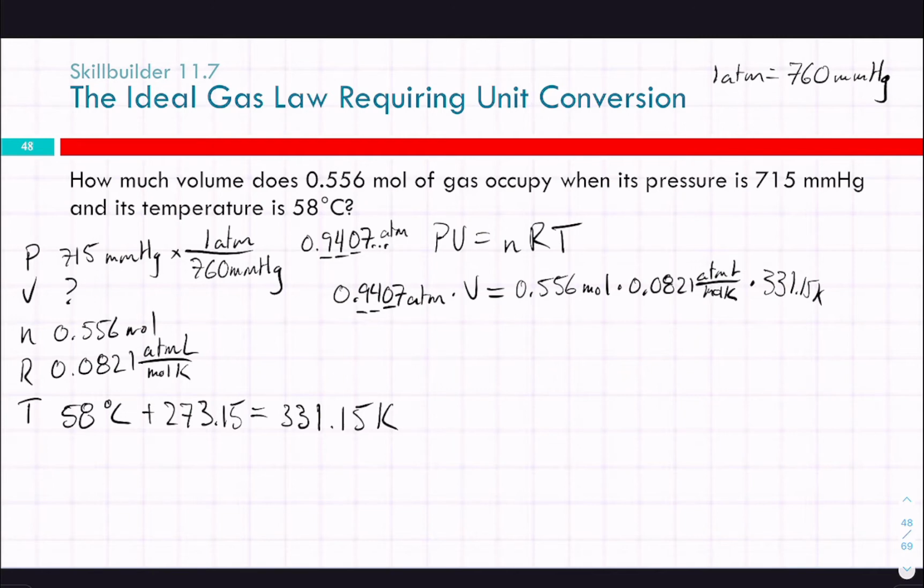All right, I'm going to multiply the right side again. 0.556 times 0.0821 times 331.15. So we're going to get 0.9407, again only 3 sig figs, atmospheres times the volume, and that'll give us 15.116.